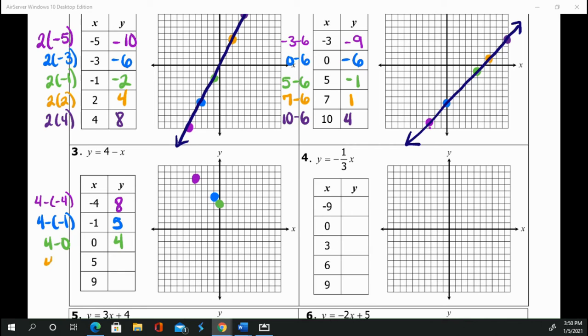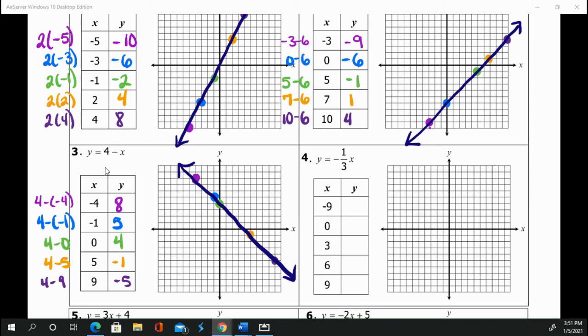When x equals 5, y equals -1. And when x equals 9, y equals -5. So we're going to connect and extend. And that is the graph of that linear equation, y equals 4 minus x.